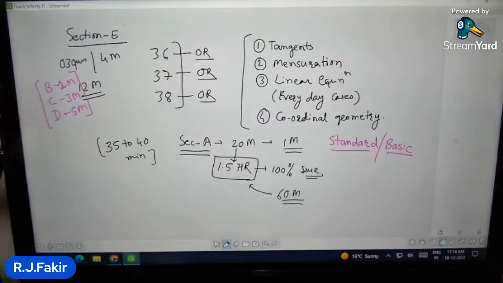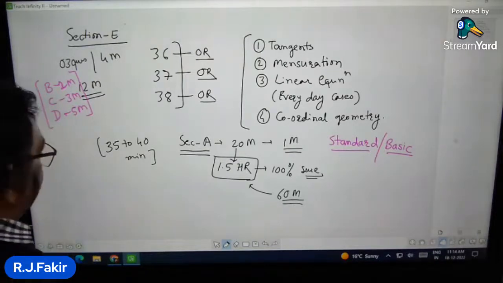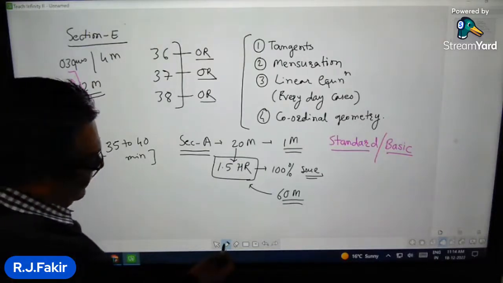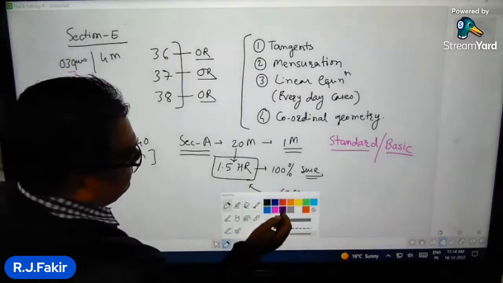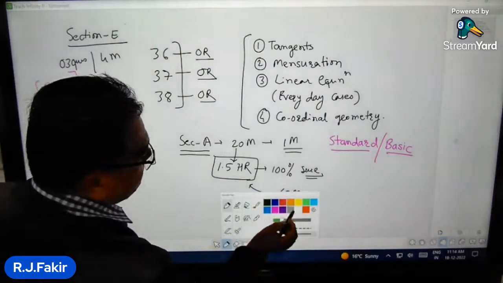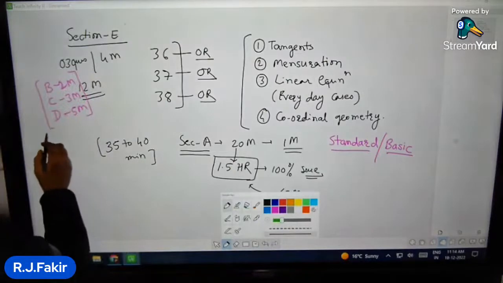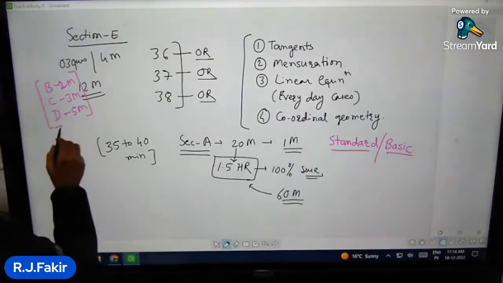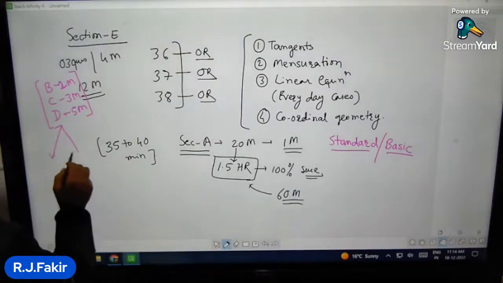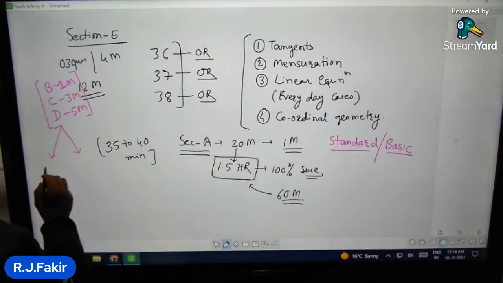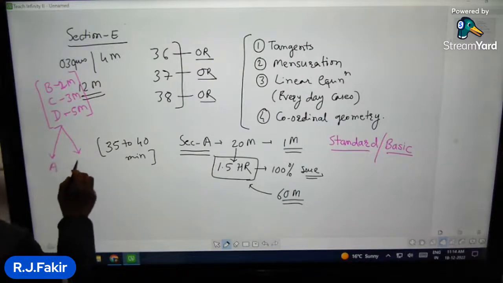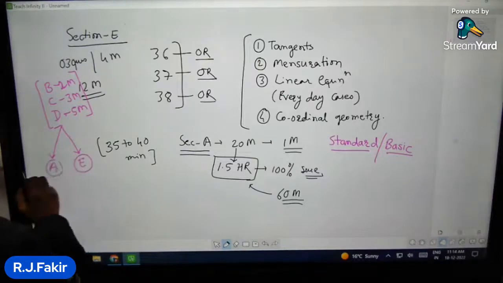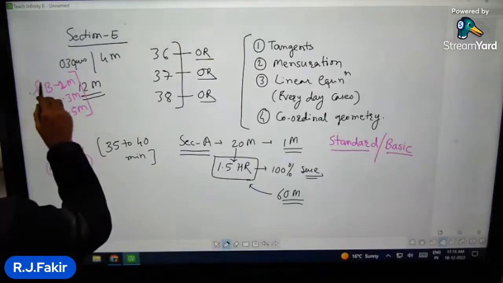That will help you in both of these sections, section A and section E. That's why I am keeping these sections out of this bracket. Now this will basically lead to you solving better your section A and your section E of the paper. This will automatically happen if you practice for these three.